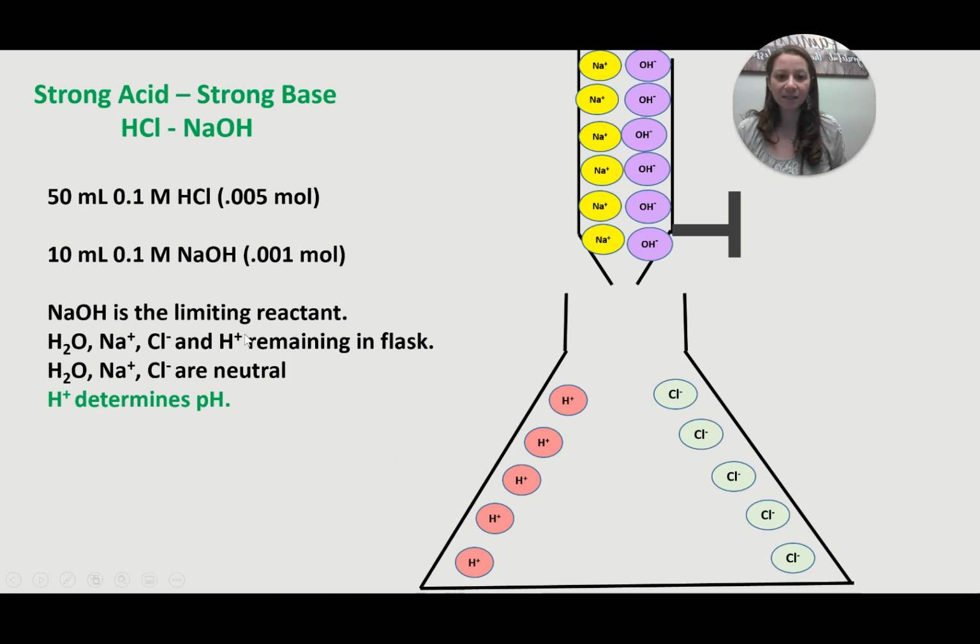And my burette is right now filled with NaOH. And so I'm going to dispense 10 milliliters of the 0.1 molar. And so that's equivalent to 0.001 moles. And so we said 0.001 moles is just one of the units, right? And so I'm just going to dispense 1 NaOH, right? So let's go ahead and do that.